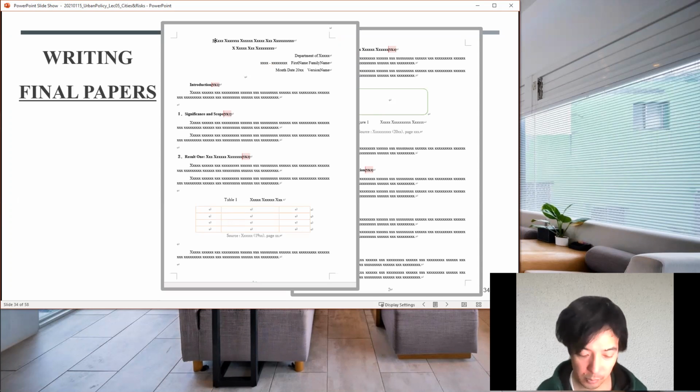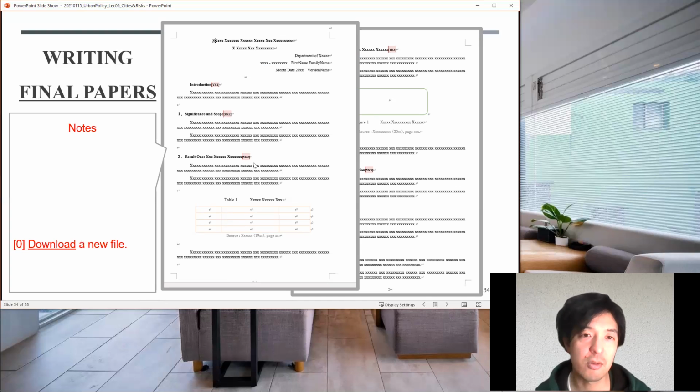So first, look at those comments, and after that, please start writing final papers. Most of the rules are the same as when we wrote draft papers. But just one thing is different.